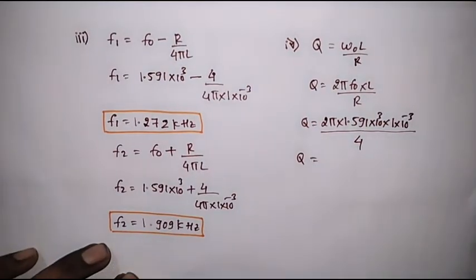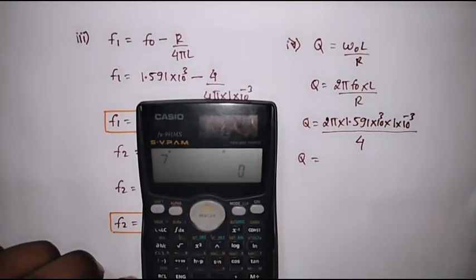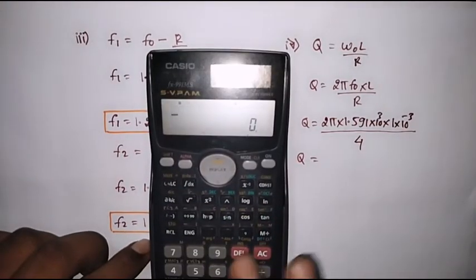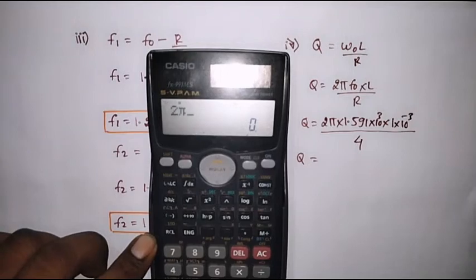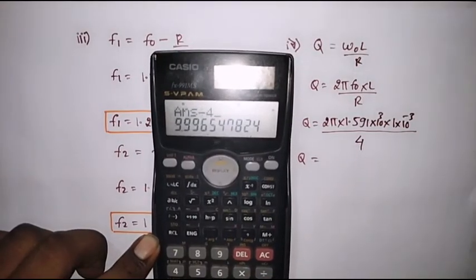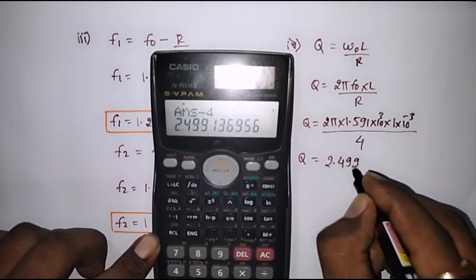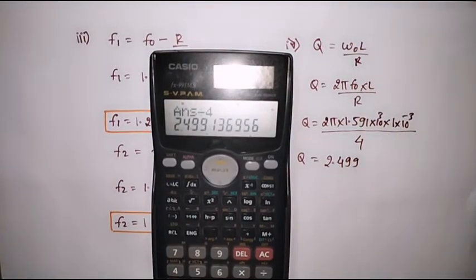Therefore Q is equal to, so here 10 raised to 3 and 10 raised to minus 3 will get cancelled. So we can write 2 pi into 1.591 into 1 divided by 4. It gives 2.499. This is the value of Q.